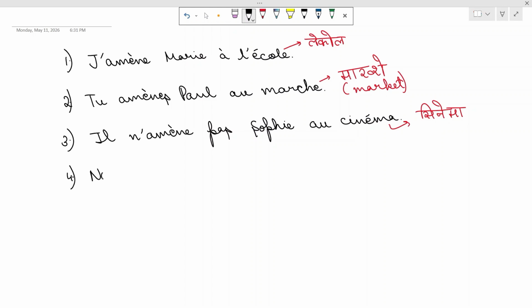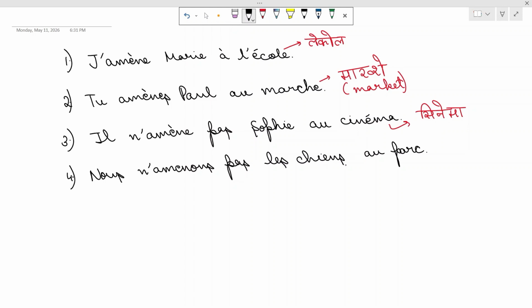The fourth one is nous. Remember, there is no accent in E with nous form and vous form. Nous n'amenons pas les chiens au parc. Zoo park.